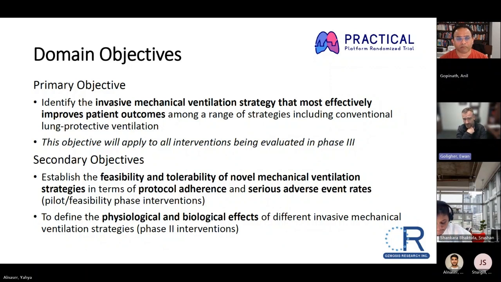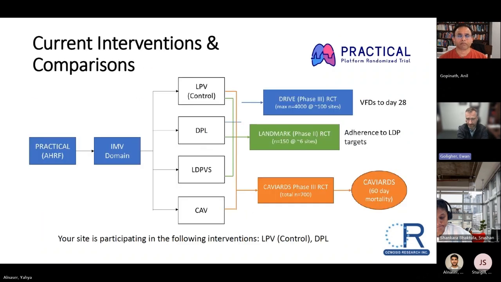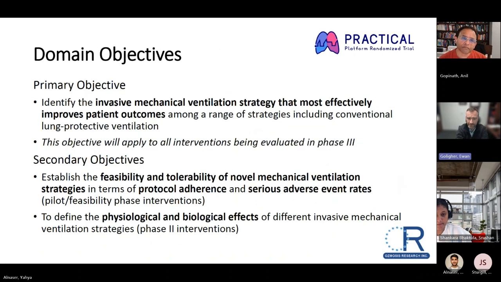But secondarily, we're interested in establishing feasibility and tolerability of novel strategies, looking at protocol adherence and safety, and also defining physiological and biological effects, especially for phase 2 trials. So we hope that the domain will function as a pipeline for the discovery of constant improvement in mechanical ventilation management.